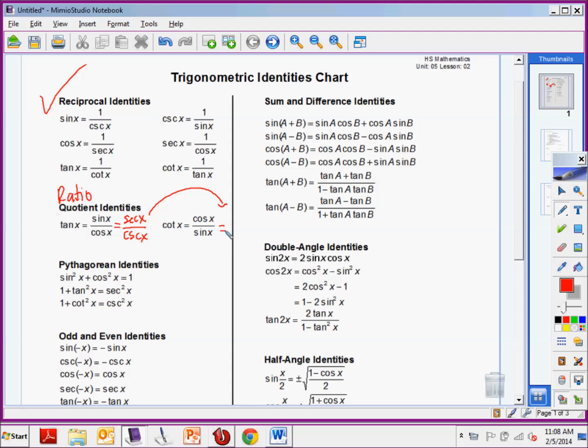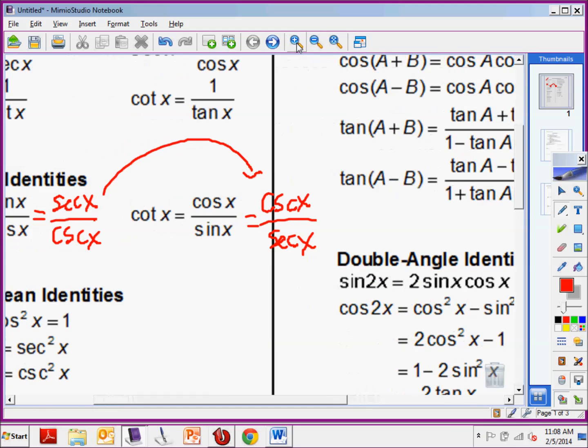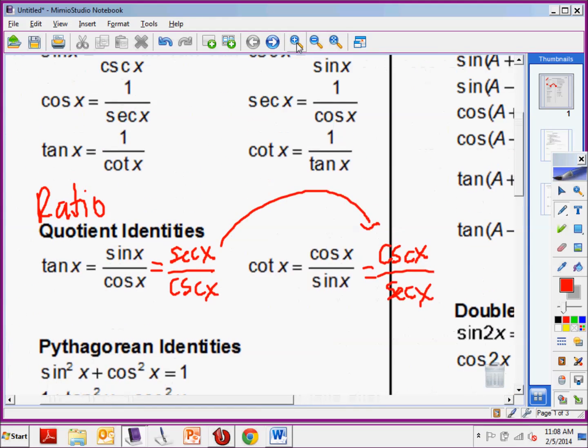The reciprocal of that, right? Okay, so that's why you need to know the basic ones, because if you know the basic ones, you can make multiple identities.